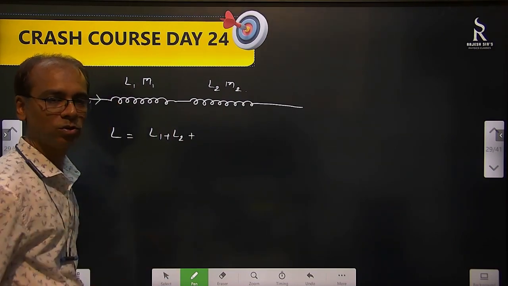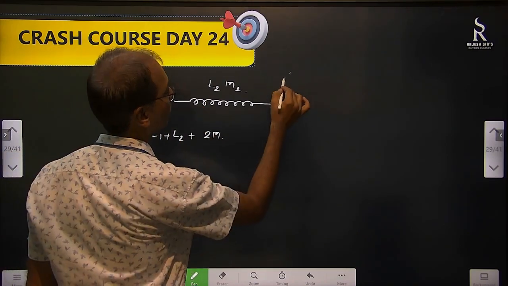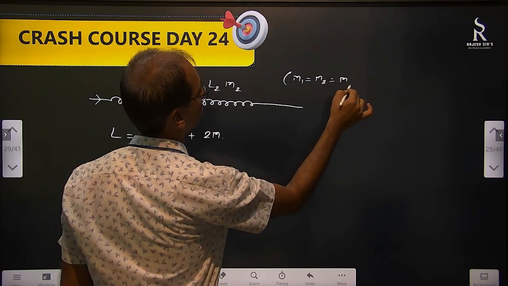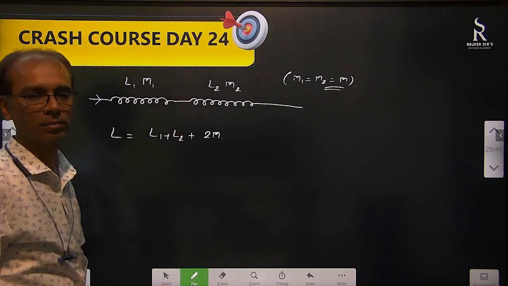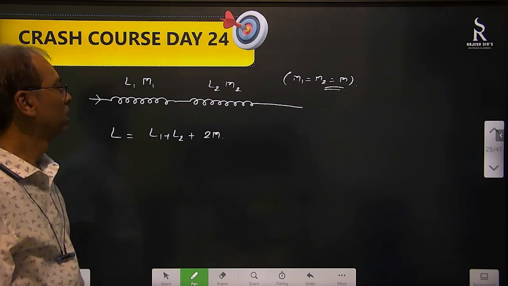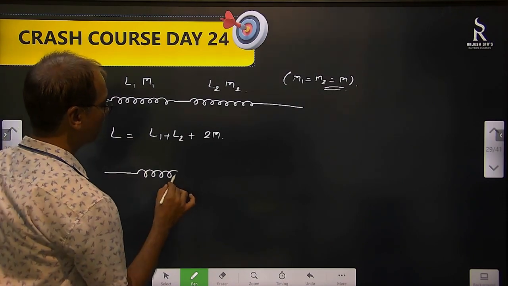But M1 and M2 are the same, so you can write 2M. M1 equal to M2 equal to M. So L1 plus L2 plus 2M, just remember that, if in series like this.